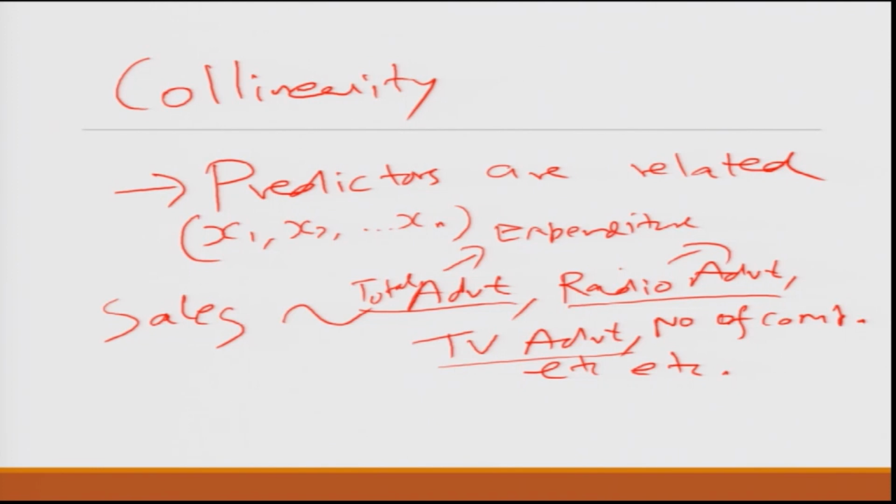However, total advertisement is in a way correlated to your TV advertisement and radio advertisement, which also means that TV advertisement and radio advertisement can be correlated, given that the company has a limited advertisement budget. So there can be multiple variables which are all correlated, or in a sense try to predict the same thing in a different way.